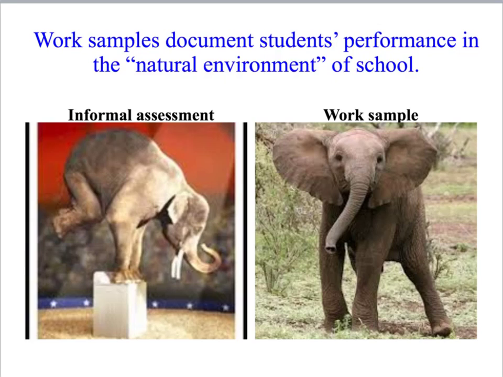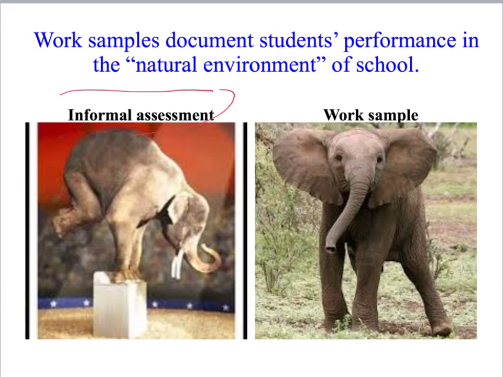So to go back to our two little elephants, the elephant on the left, balanced on her front legs, is equivalent to informal assessment. Someone trained her how to do this, and then they prompted her to do this trick, and she will be rewarded for successfully completing it.